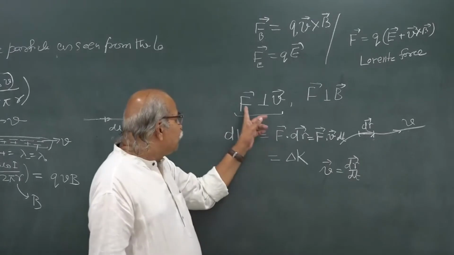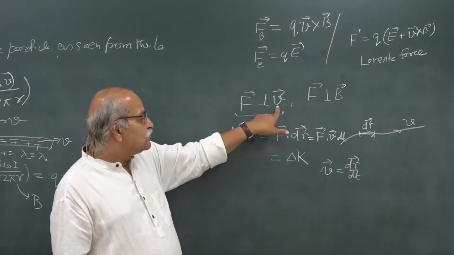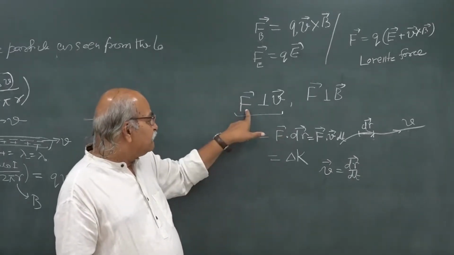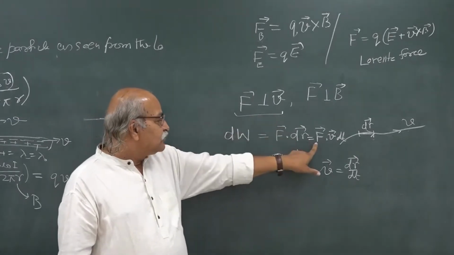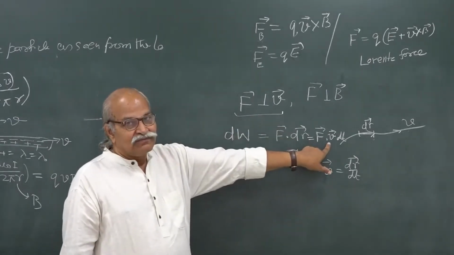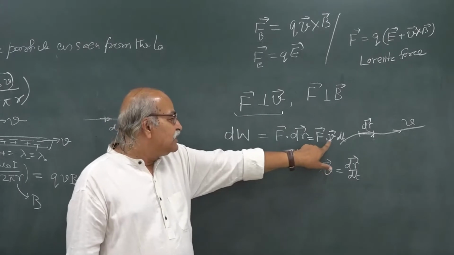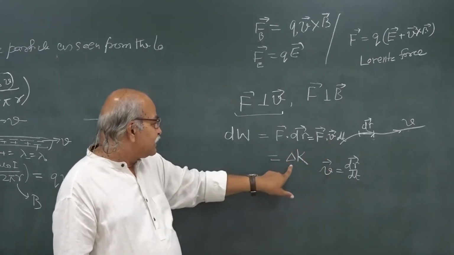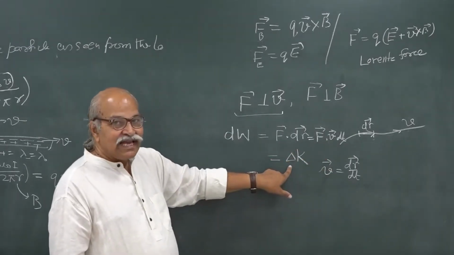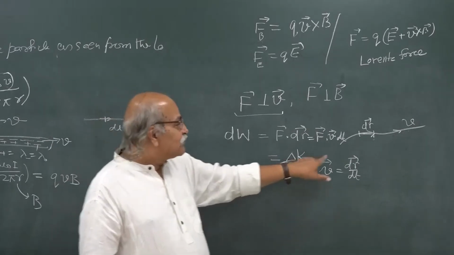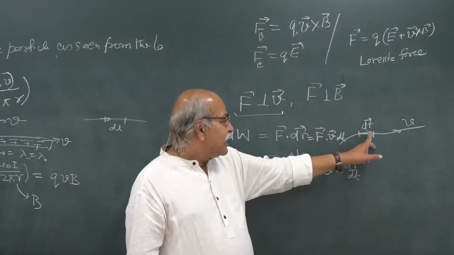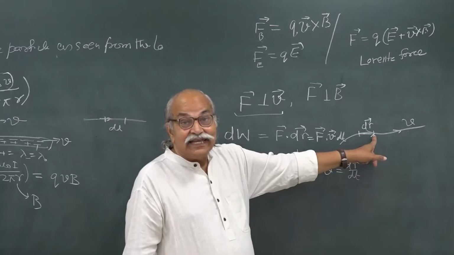Now, if F is perpendicular to v, F dot v is 0, and if F dot v is 0, then this delta K is 0. That means the kinetic energy here and the kinetic energy here are the same.